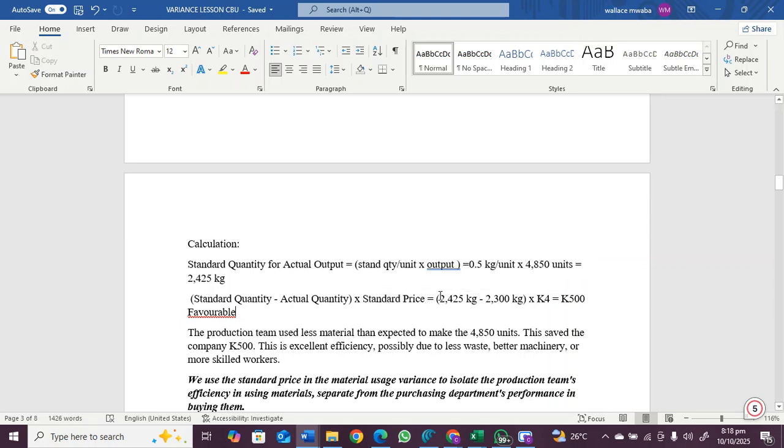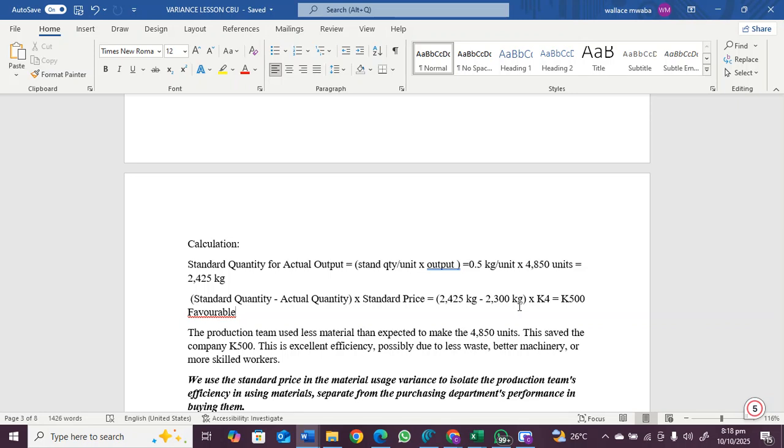So you say 2,425 minus 2,300. Yes, so we saved 125 kgs.